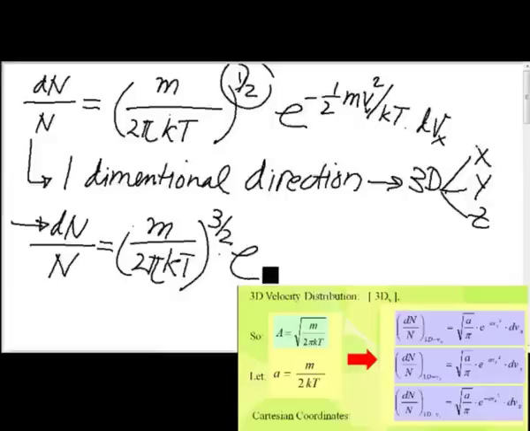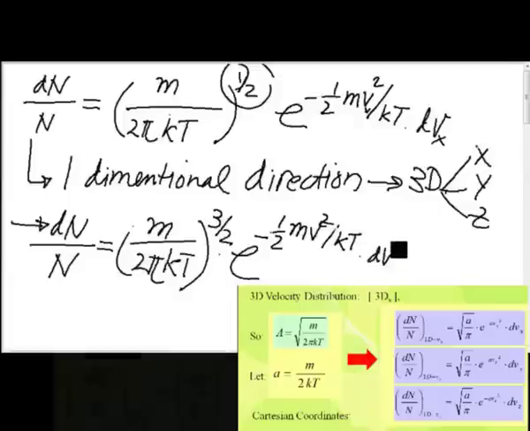And times e to the power of minus half m V squared per kT, where V here is V, not Vx, not Vy, but V, dV.